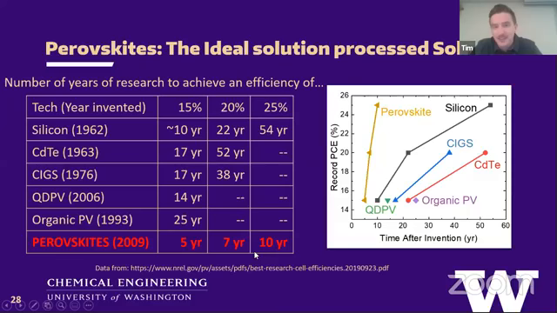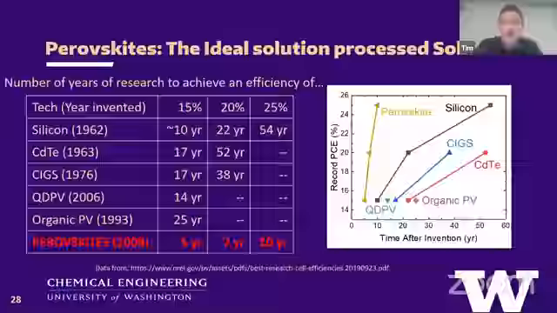Perovskites, on the other hand, achieved all 3 metrics within a decade, really blowing all other technologies out of the water in terms of the amount of time it took to get to certain efficiency metrics. Now, again, there's a lot more research effort that went into perovskites over this time frame than, say, silicon, but nonetheless, this really shows how promising this technology is to researchers.